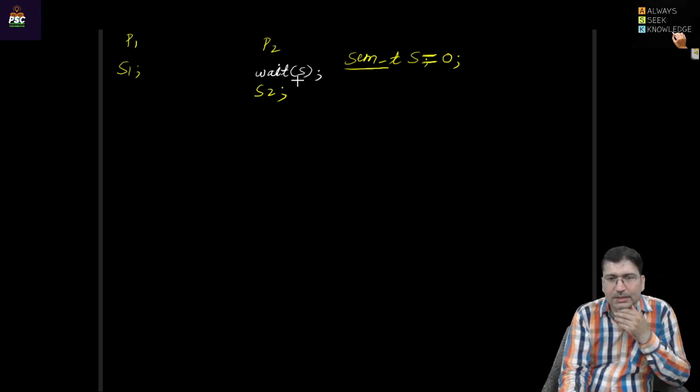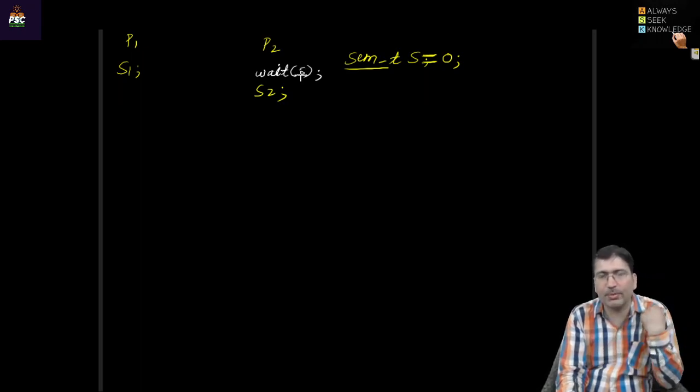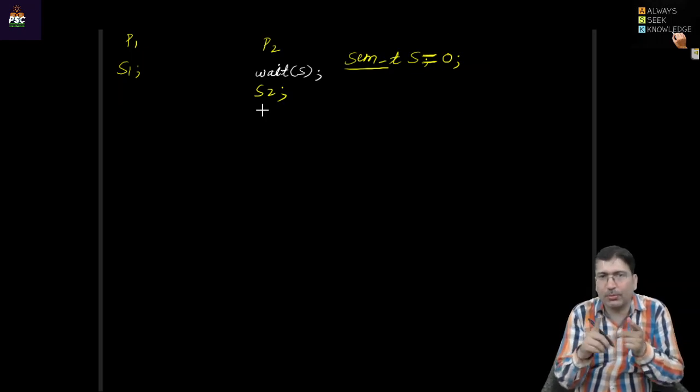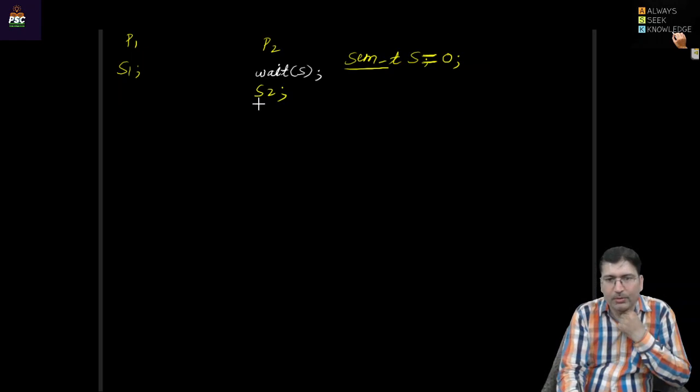If the semaphore has value 0 or maybe less than 0, there is a loop, or the process either will be blocked or it will be in a loop. Okay, so it will not be able to execute S2, right?